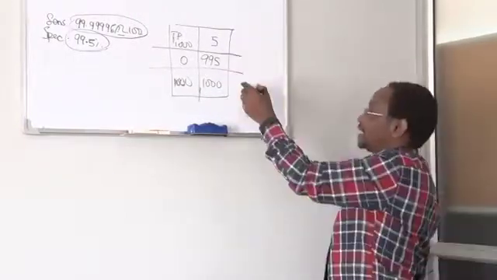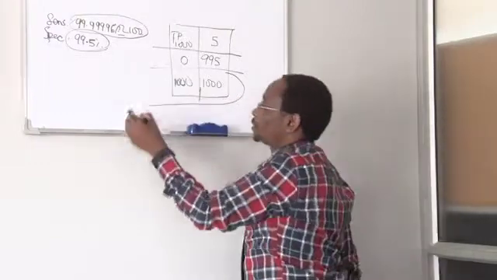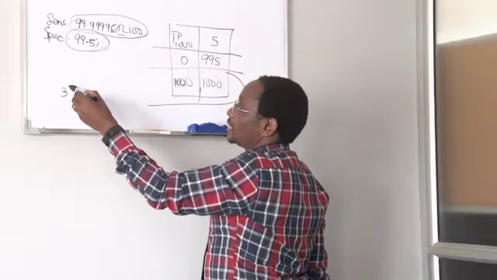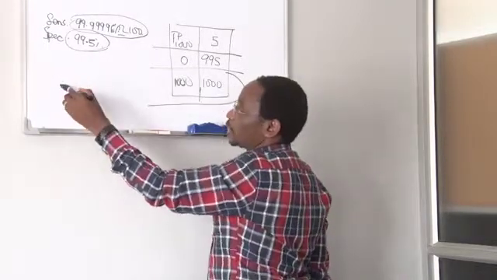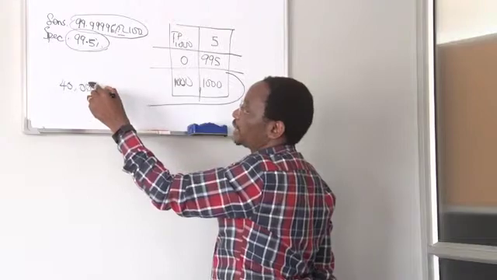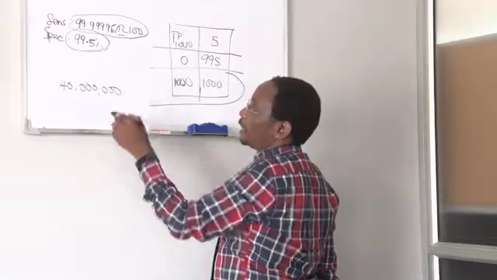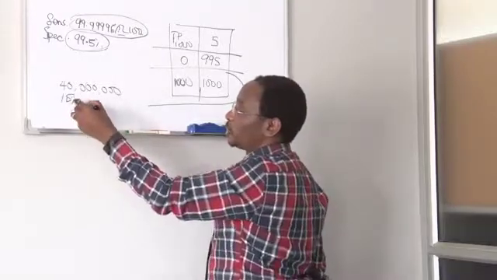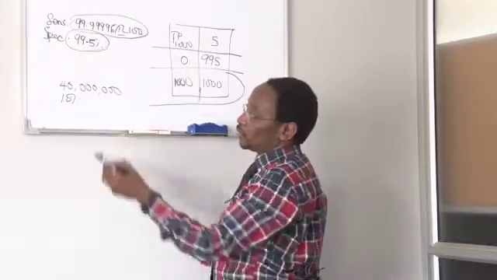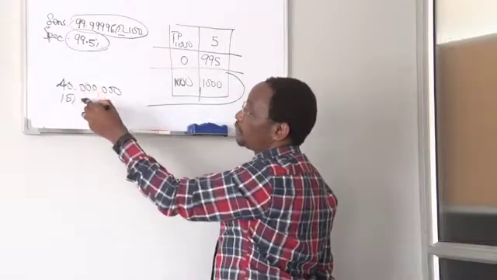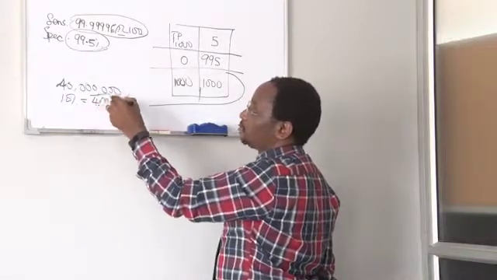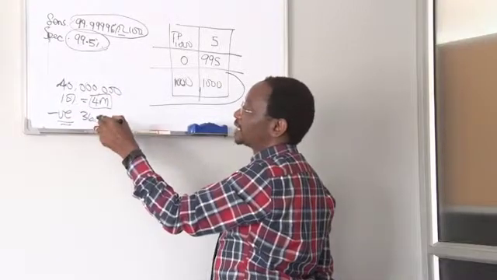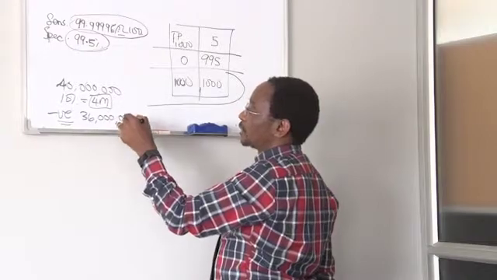Now, when you translate it, let's say a country has a population of 40 million people, and let's say its HIV prevalence, the actual prevalence determined by the gold standard, is 10%. So 10% of 40 million is 4 million. That means the people who are actually negative are 36,000,000.